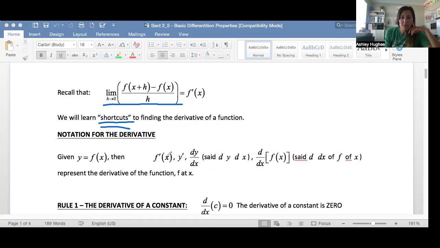So f prime, y prime, this little mark here, we call that prime. F prime, y prime, dy dx, change in y over change in x, derivative with respect to x of f of x. All of these things mean the same thing, the derivative. So without further ado, let's talk about the shortcut rules.